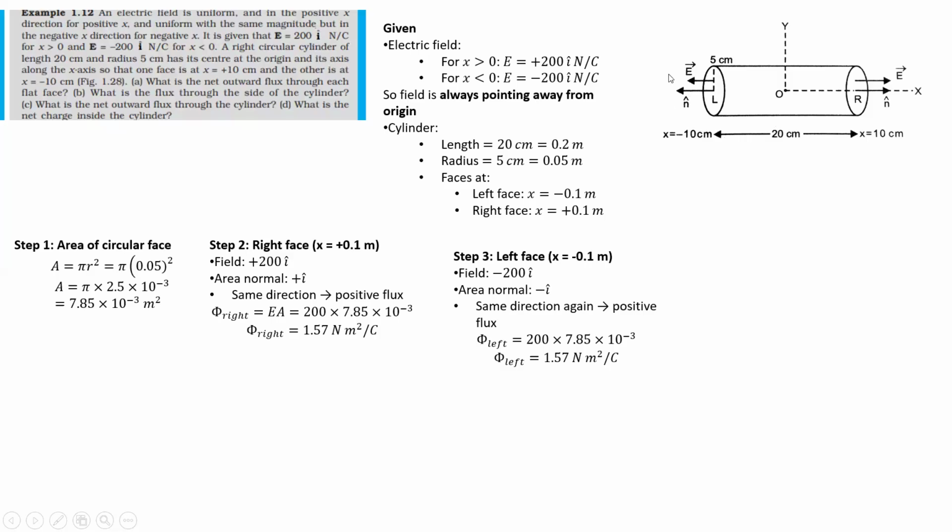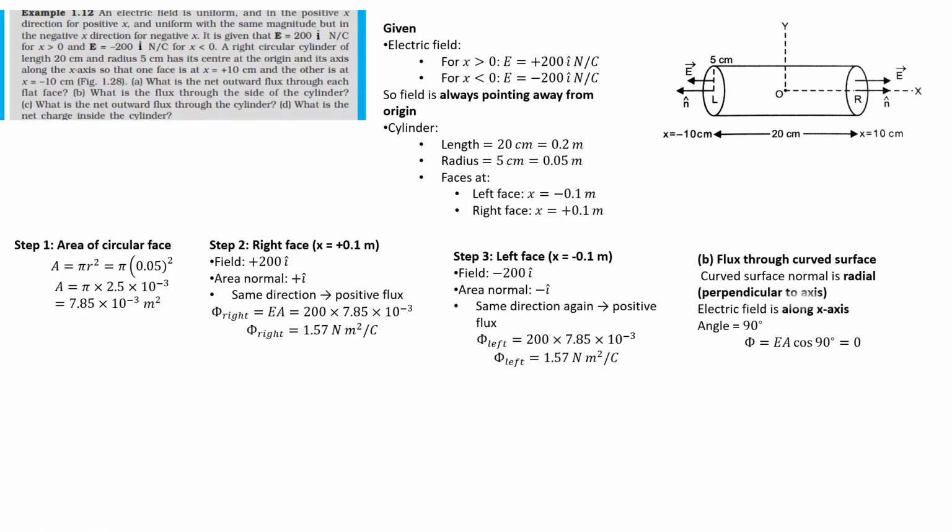Therefore, the electric field is along minus i cap and the area is also along minus i cap. If you do E dot A, i cap dot i cap is 1, and minus into minus is plus. So the answer is again EA. Flux here also becomes EA, 1.57.